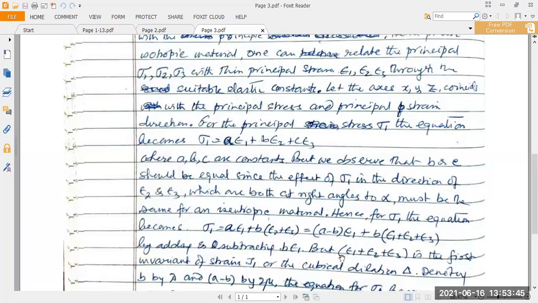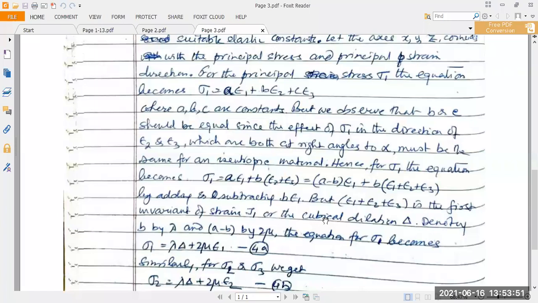But epsilon 1 plus epsilon 2 plus epsilon 3 is the first invariant of strain, that is, the cubical dilatation delta. And if we denote B by lambda and A minus B by 2 mu, then the equation reduces to sigma 1 equals lambda delta plus 2 mu epsilon 1.